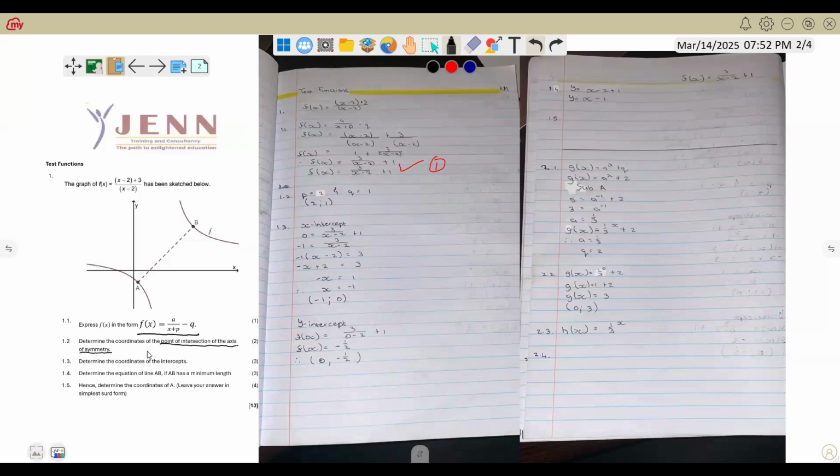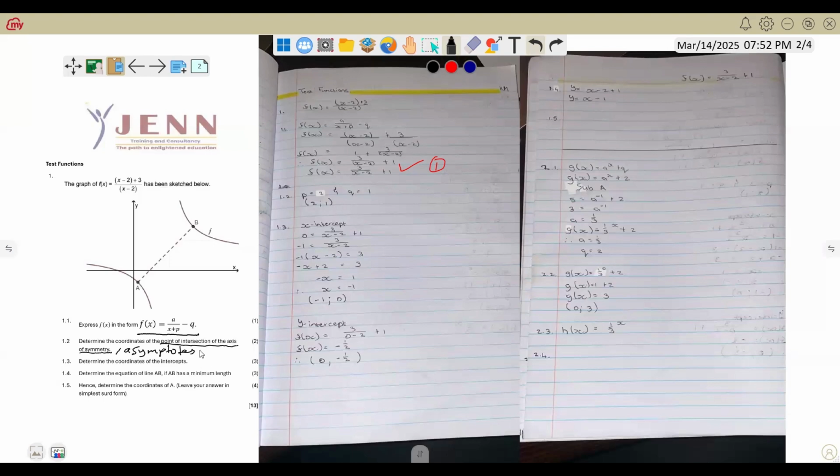On that question, they asked you point of intersection of the axis of symmetry. Just know that they can still ask you point of intersection of the asymptotes. Is that the same thing, sir? It is the same thing. Point of intersection of the axis of symmetry is the same as point of intersection of the asymptotes.